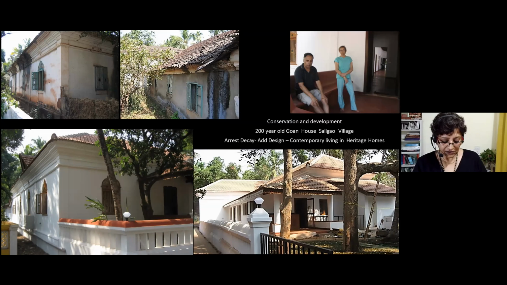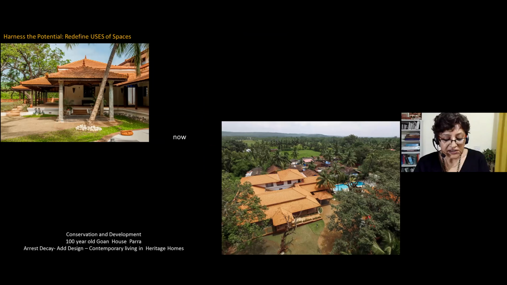Here is another example, a house at Parra, which changed owners, 100 years old, and became another 4-bedroom villa with many more amenities. The key feature here is that the spaces have been given new uses to cater to contemporary living, as an open kitchen and family dining is now in one of yesteryear's formal rooms, while the services block today is repurposed as a games room.